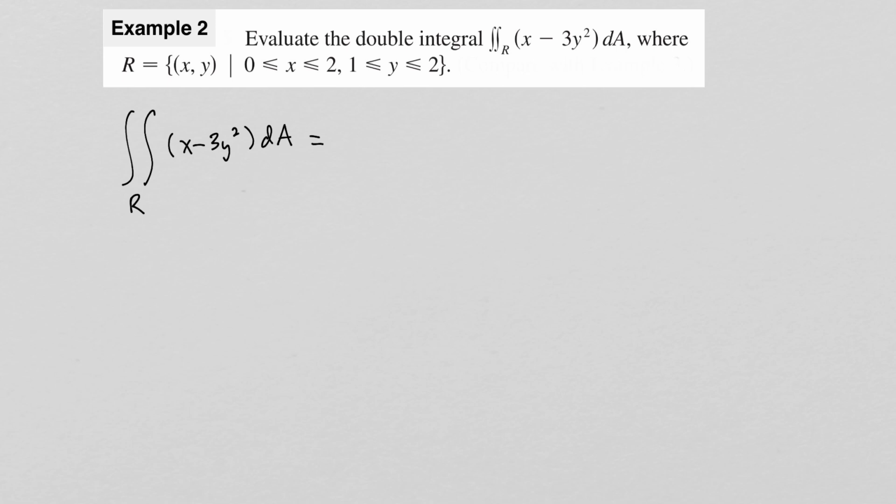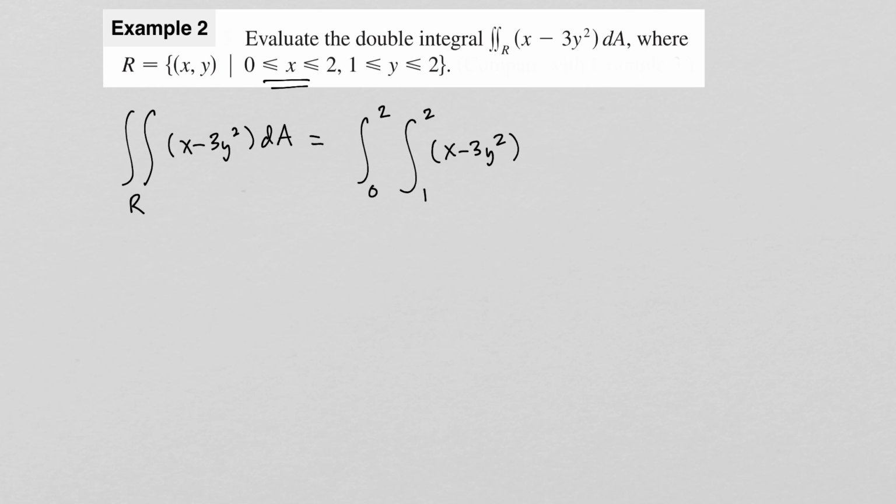Sometimes it matters, but a lot of times it doesn't. So I think what I'm going to do is just integrate from 0 to 2, that'll be the x variable, and then integrate from 1 to 2, and then the function.